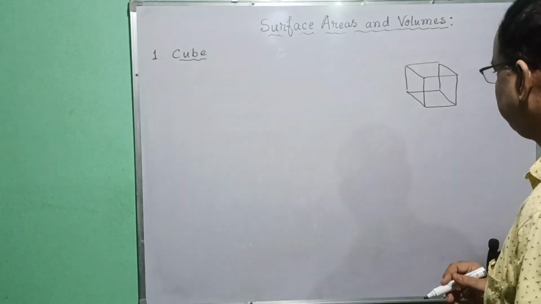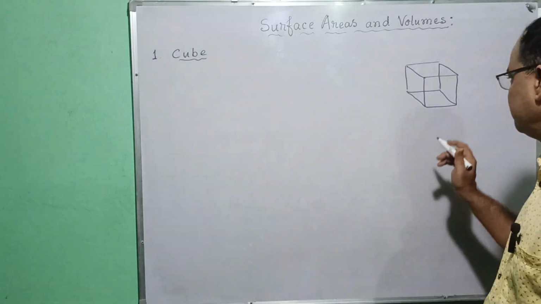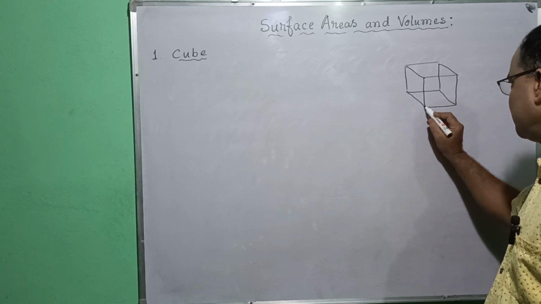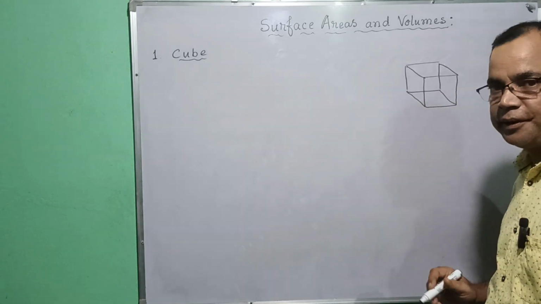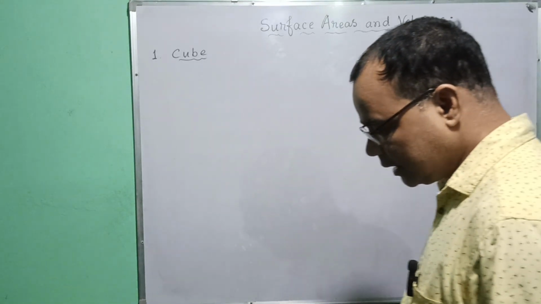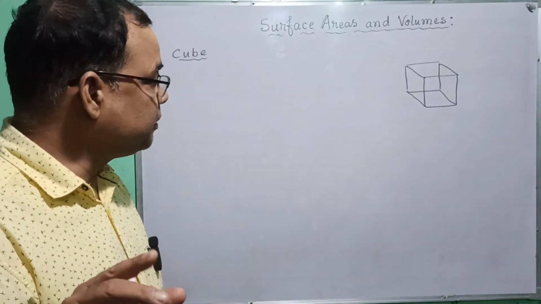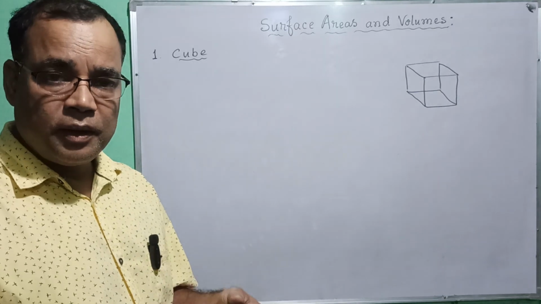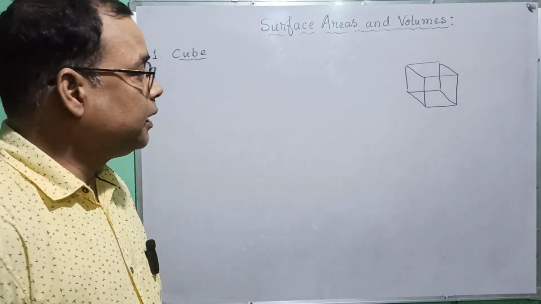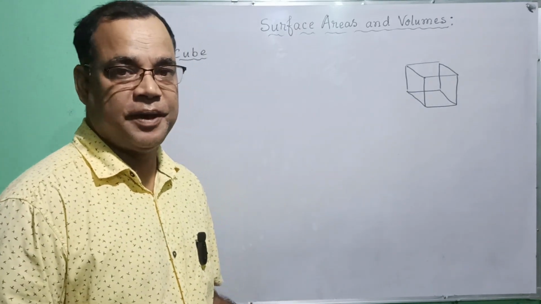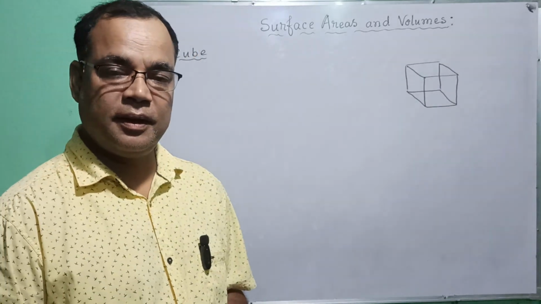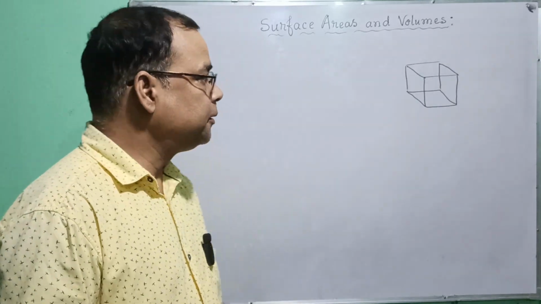A cube is three-dimensional because length, breadth and height are all there. You can compare a cube with a Ludo dice. In a Ludo dice, you can see all the faces are equal. In a cube, there are a total of 6 faces, and all 6 faces are equal in size.